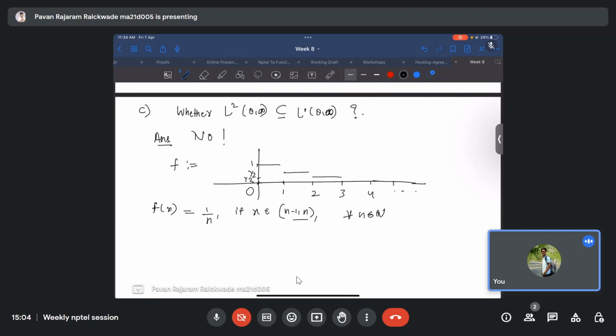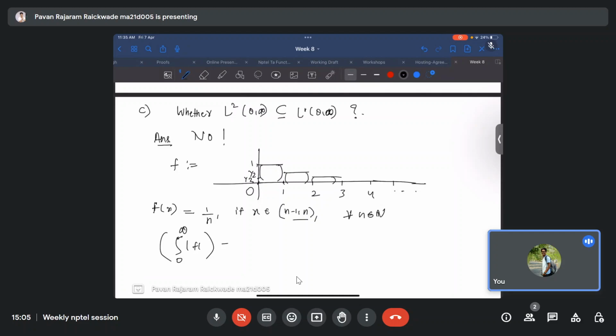Let's first calculate the L^1 norm of f, the integral of |f| from 0 to infinity. You can integrate it piecewise, and for each piece the integral is just the area of a rectangle.